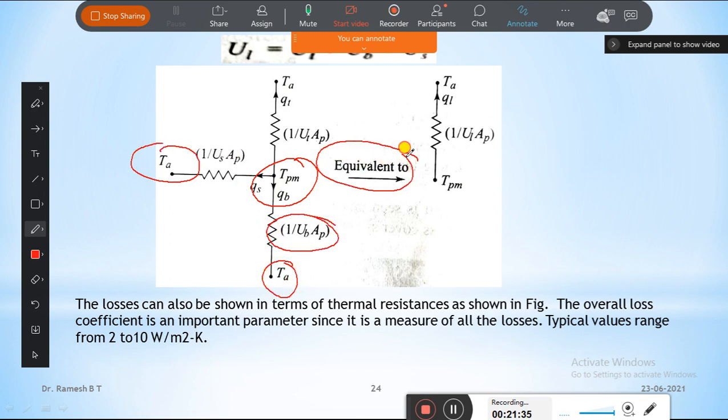This is equivalent to, we can write it as QT, TA, QL, which is TPM. Finally, if you want to attain this TPM, the total temperature, it is equal to TA into QL. QL is the overall heat loss.